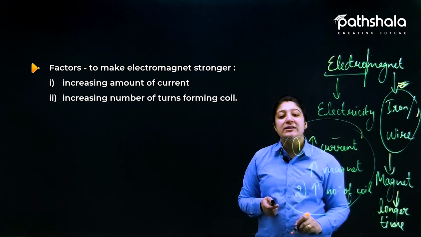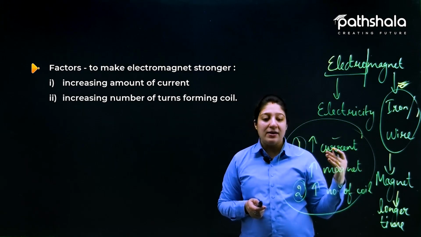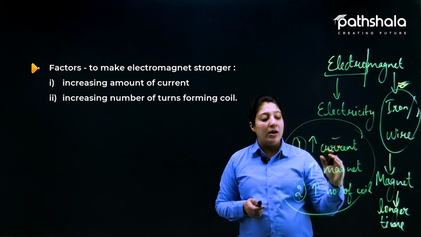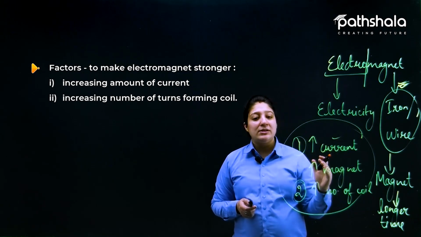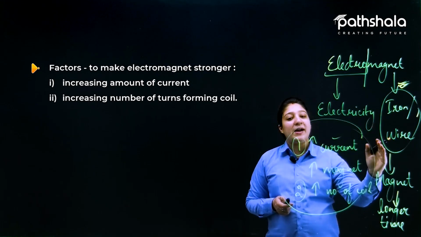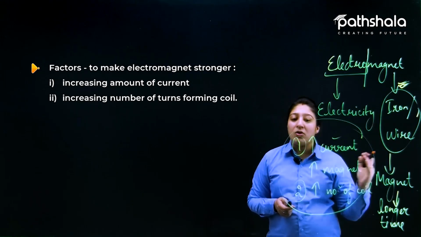First is increasing the amount of current. If we increase the amount of electricity passing through the system, the coil of iron will behave as a magnet for longer time.